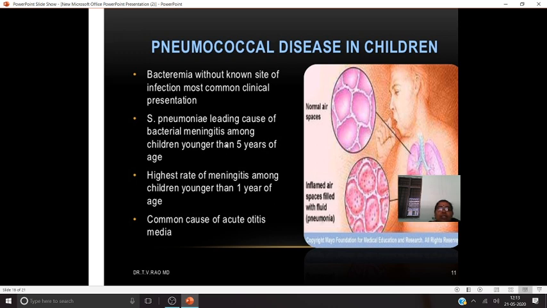Meningitis, inflammation of the meninges, has its highest rate among children younger than 1 year of age, and it is because of pneumococcal infection. Not only that, acute otitis media also occurs because of spread of the infection to the middle ear. So in children less than 5 years, meningitis is very common due to pneumococcal infection, and inflammation of the middle ear also causes otitis media.